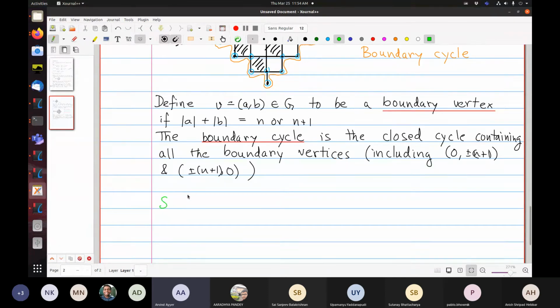One more definition before I do that. Say that V, which is (A, B), is even.